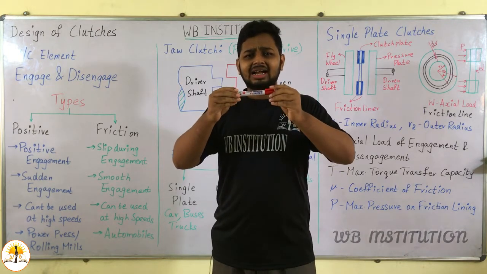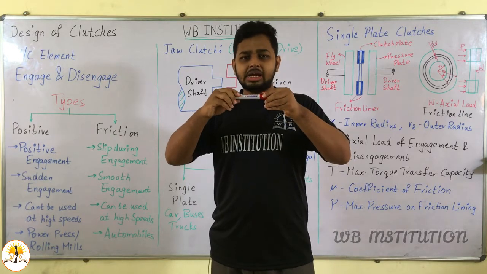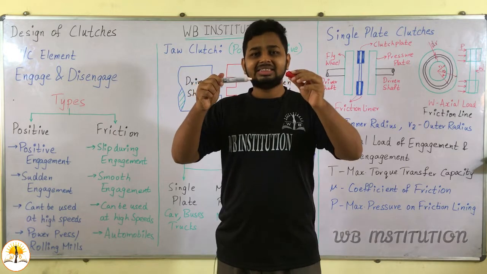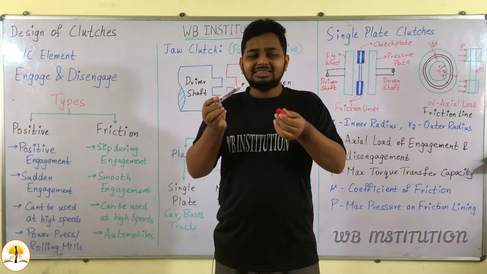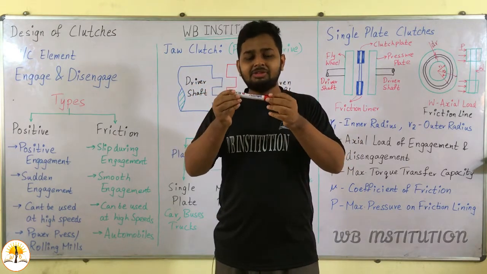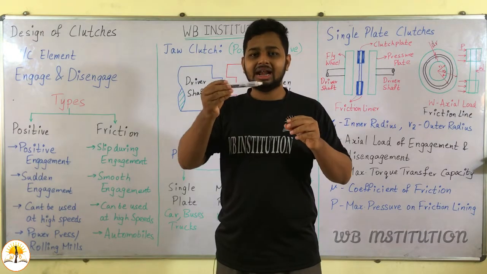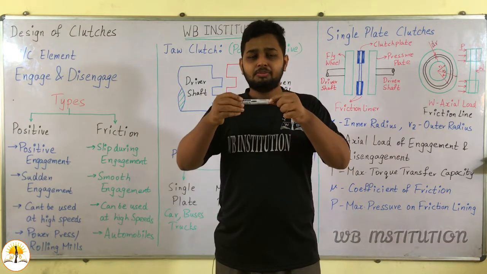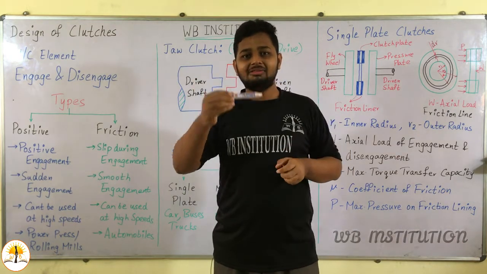Now at a certain condition, we want only the driver shaft to rotate and the driven shaft to be stationary. At these conditions, we cannot switch the driver pulley on or off every time, as that may cost lots of energy for the propulsion of this driver pulley.